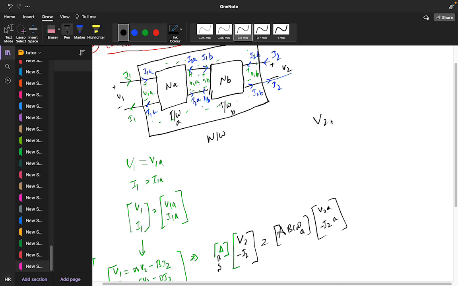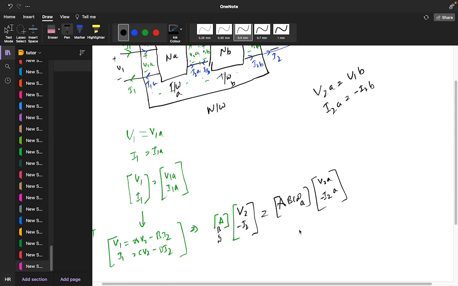V2A is equal to V1B, and I2A is equal to minus I2B. Okay, so from this we can write the ABCD parameter of A into, instead of minus I2A I am writing I2A.